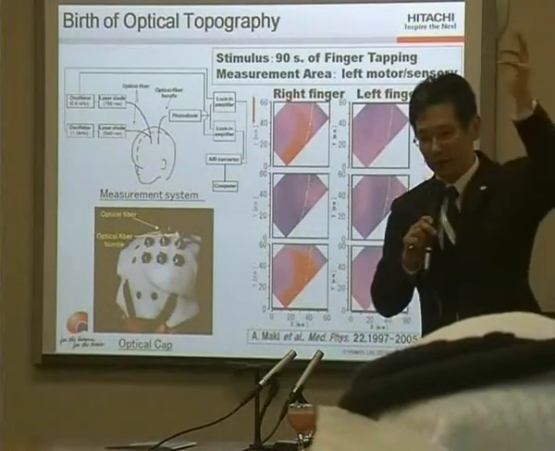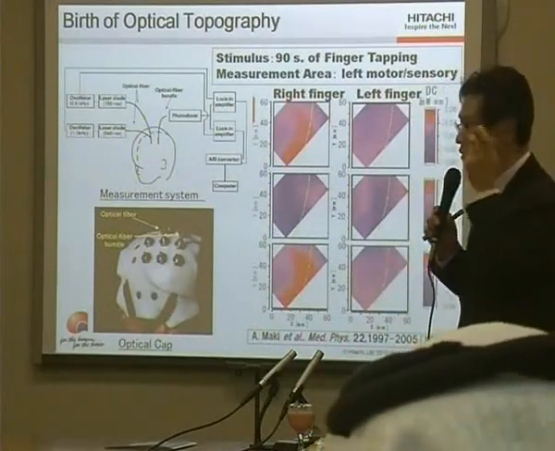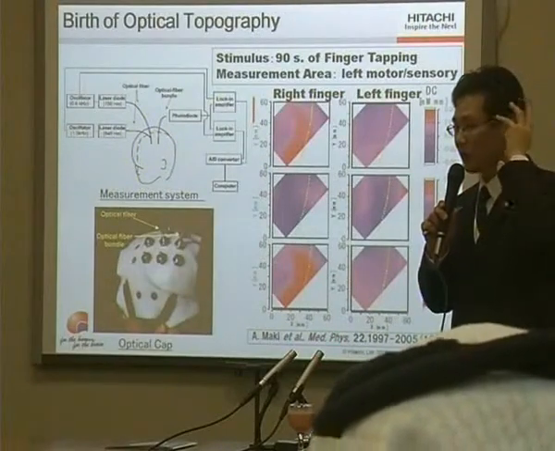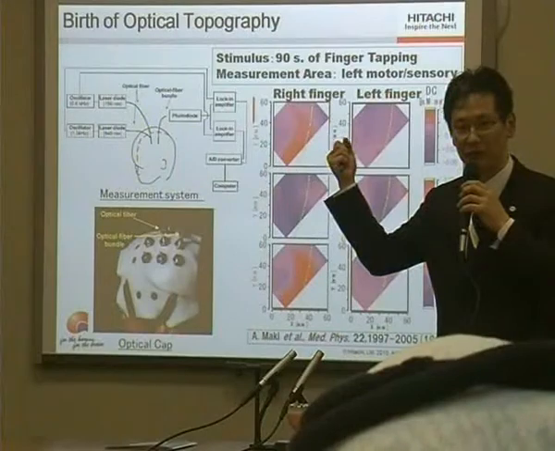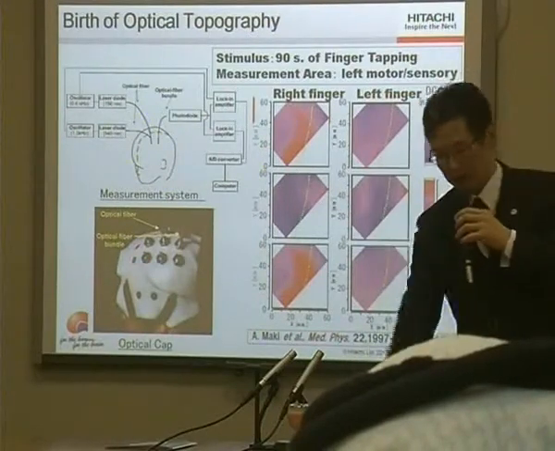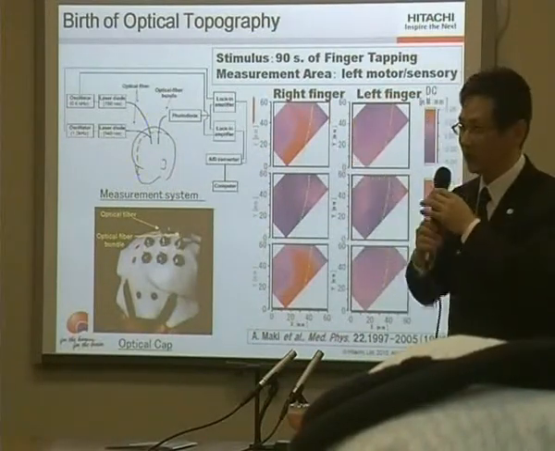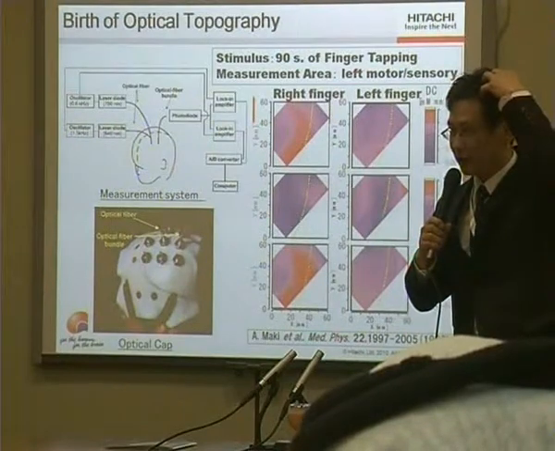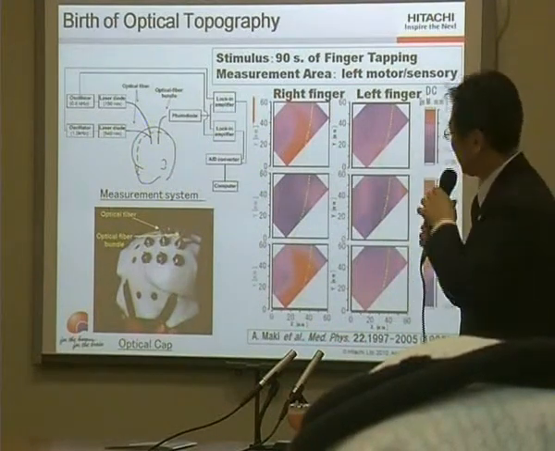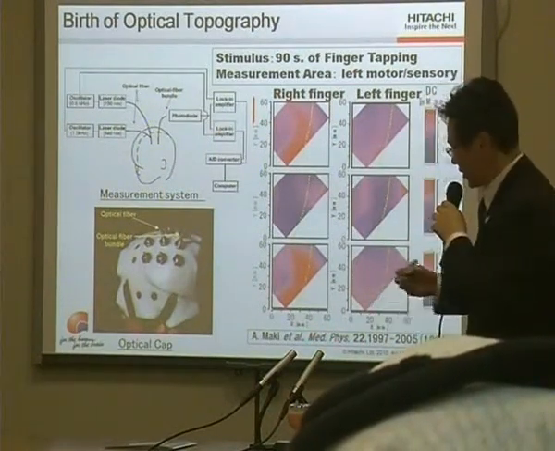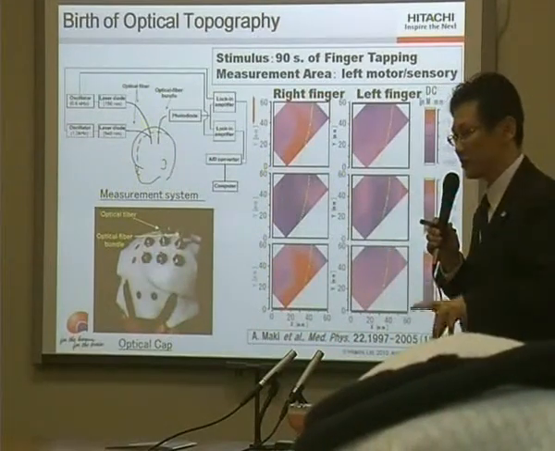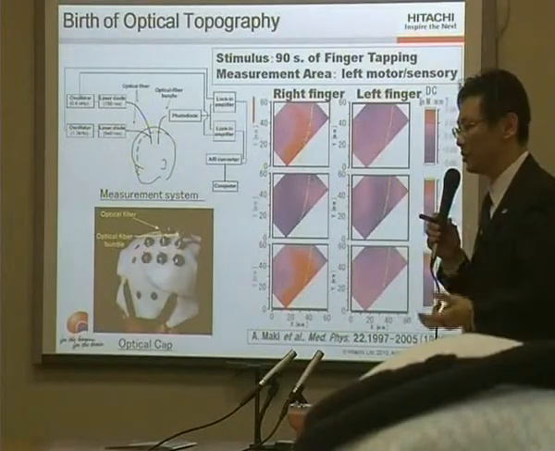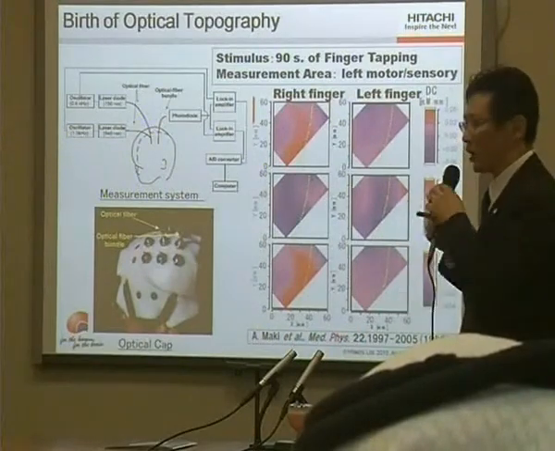In the case of the motor function, the left hemisphere controls the right movement. For example, if I move the right hand, this area is working. So in this study, we had to get the evidence that this system can measure brain function.